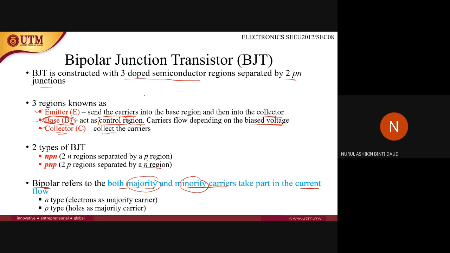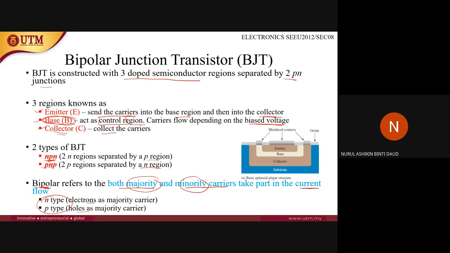So since BJT is a combination of N and P, during NPN, electrons and holes both will take part when the currents flow. Same with PNP. For PNP, the majority will be holes, right? But the minority, which is the electrons, also will take part in the currents flow.